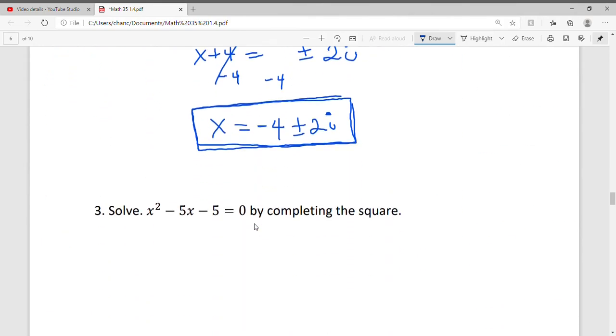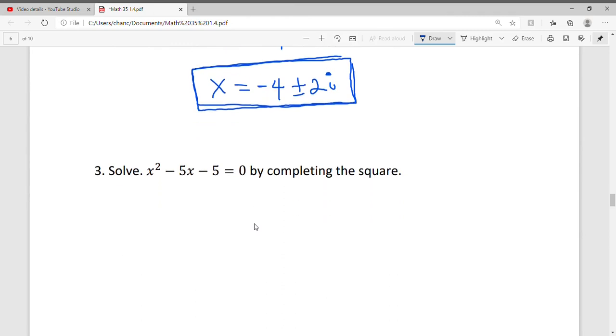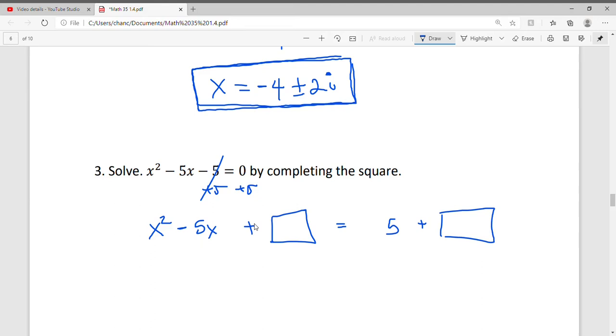So let's try example 3 where it's odd. We'll add 5 to both sides just like before. x squared minus 5x plus something equals 5 plus another box. Now I'm going to take the middle number, that's b. I'm going to take the negative 5.